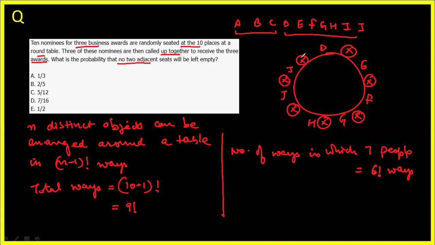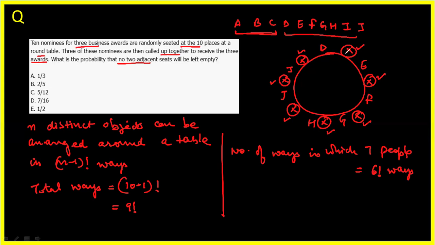So you have created 7 positions. Out of them, you require 3 for ABC, such that none of them are together. These 7 positions are the favorable positions, where if they sit, they are not together and the seats will not be empty according to the question.